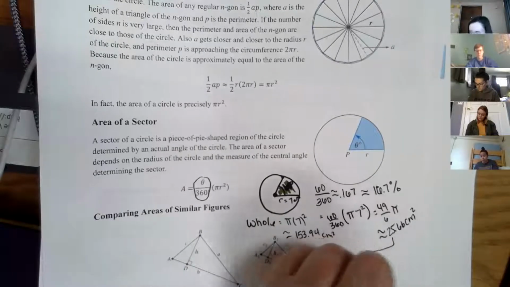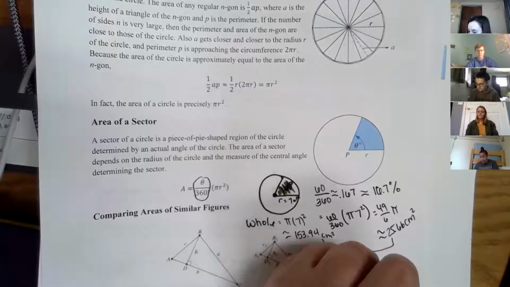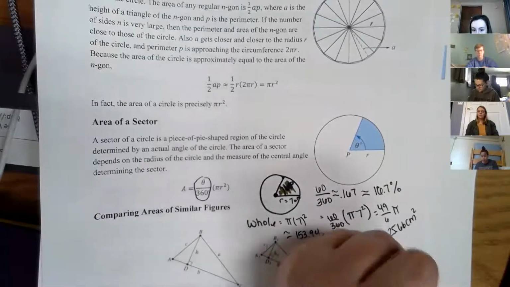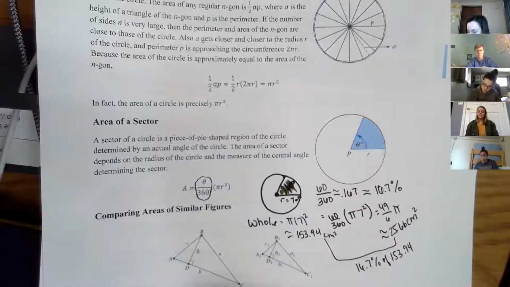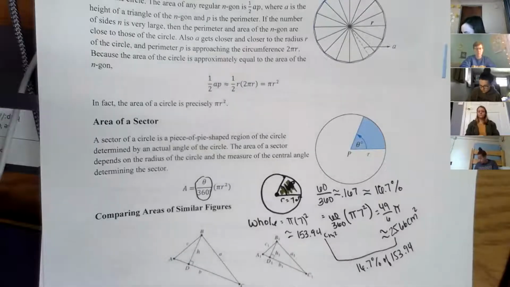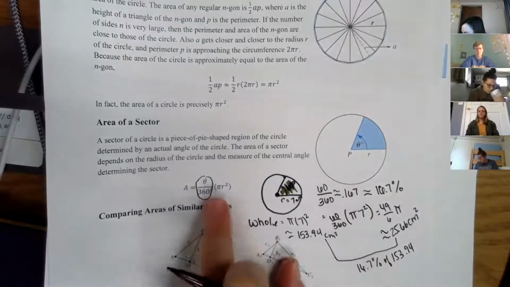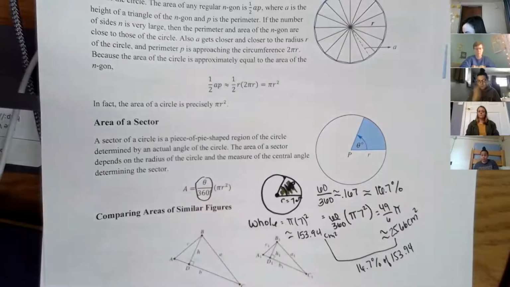So this number is 16.7% of 153.94. You're just finding a percent or a portion of that circle based on that degree measure divided by 360. Does that make sense? Are we good? Yep.